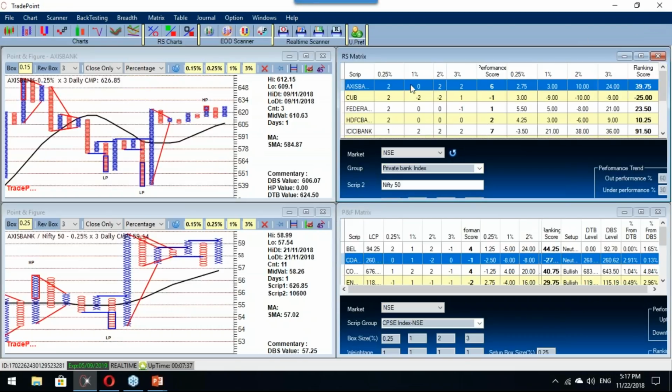So what you immediately do is you go to the individual price chart and have a look at it to find out if there is some opportunity to get a trade out of it. So the basic assumption being, if the uptrend continues in the Nifty, Axis Bank is expected to do better than the Nifty. So you want to focus on Axis Bank. Okay.